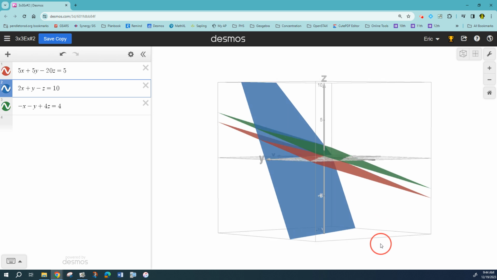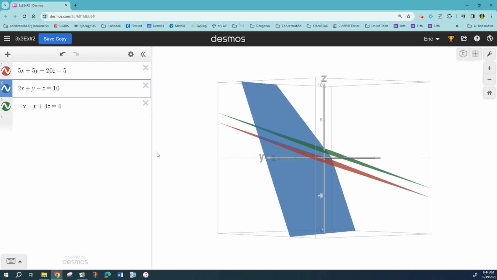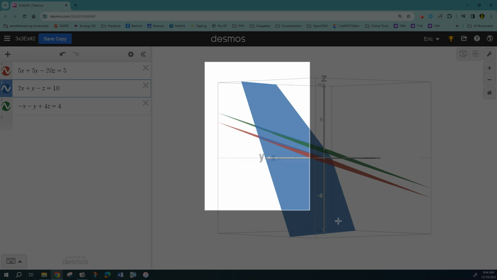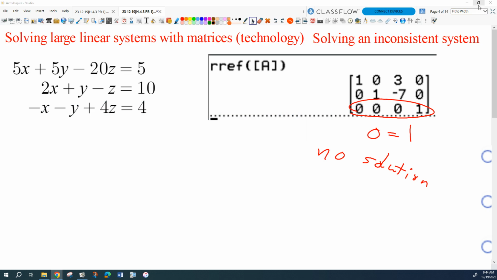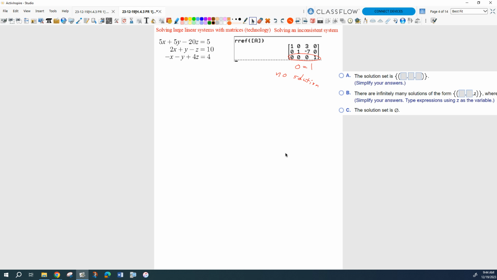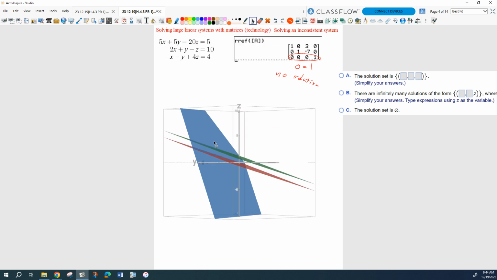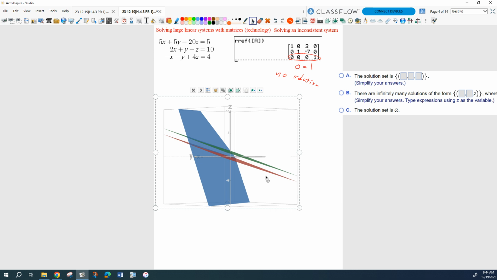Let me get a picture. There we go. That's a good picture. Okay, just for your notes, I'll put that picture in there.